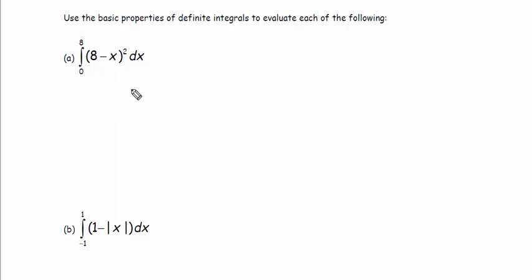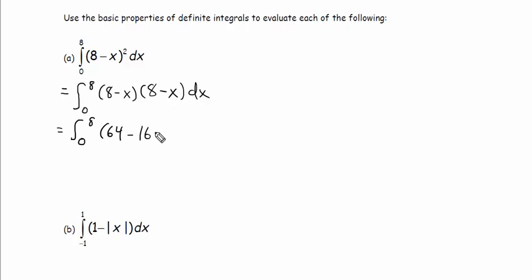So I don't know all of the properties of integrals yet, but I do know that I can multiply out 8 minus x times 8 minus x to get this into a form that I do know the property to use. So if I multiply out 8 minus x times 8 minus x, I get 64 minus 16x plus x squared dx. And then I'm going to split this up into 3 different integrals.